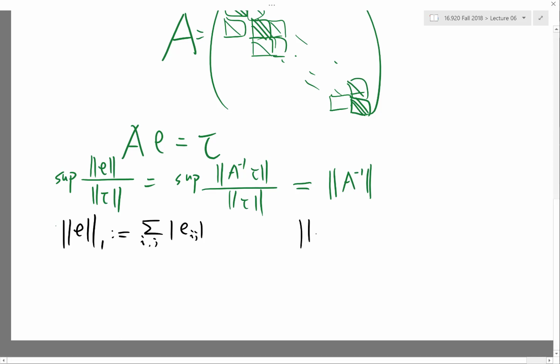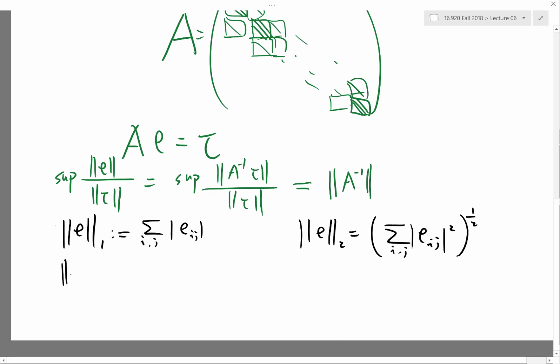Okay. So what's the two norm? The two norm may be actually the most common norm. Yes, it's kind of the Euclidean distance, right? You first take the summation of the absolute value of E_ij squared, and then take the half power, right?